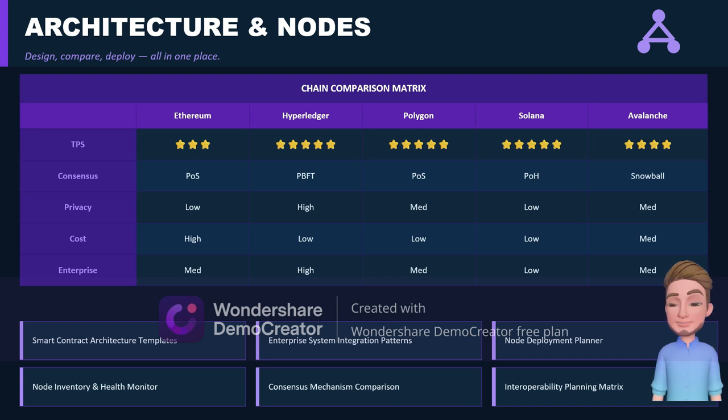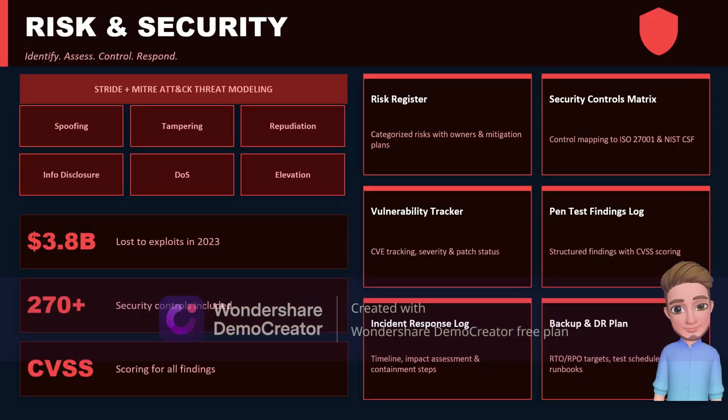The node deployment planner and the health monitor give your infrastructure team operational clarity. The smart contract architecture patterns are designed by experts. This is the foundation your entire blockchain ecosystem is built on, and the Blockmaster OS gives you the blueprint.